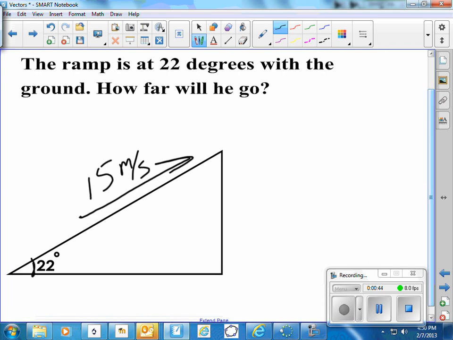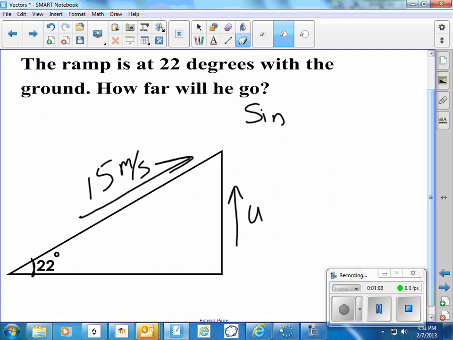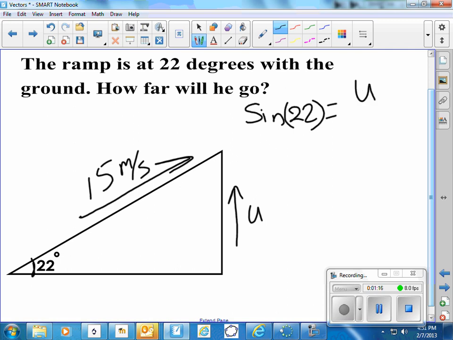So if we wanted to know how fast he's going in the upward direction, well, we know that the sine of, what should we call that? Okay, so the sine of 22 degrees equals the length of the side opposite over the hypotenuse.